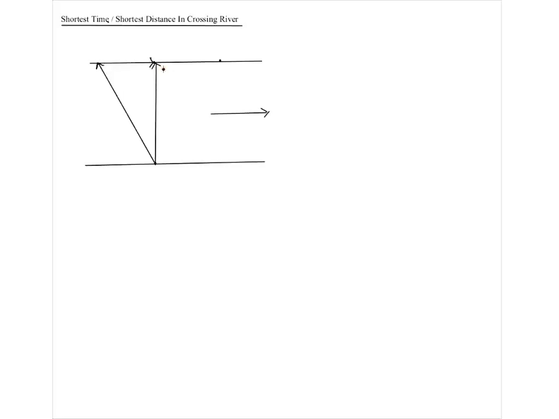Let me check. You can also check your notes. See the problems that we have done. Have we done these two types of cases? The person just goes perpendicular to the river stream with respect to the river stream in one case, and in the other case the person just wants to reach the opposite point.